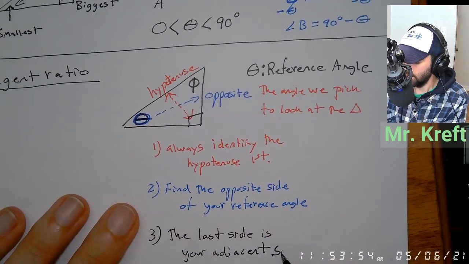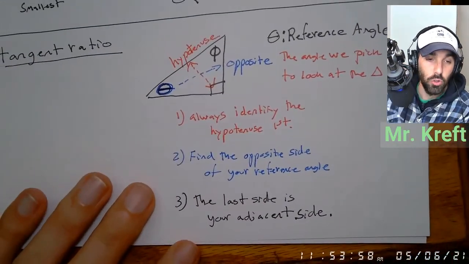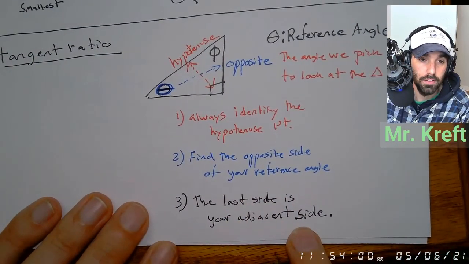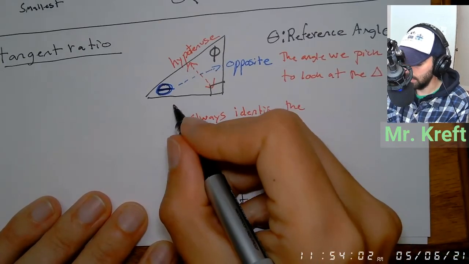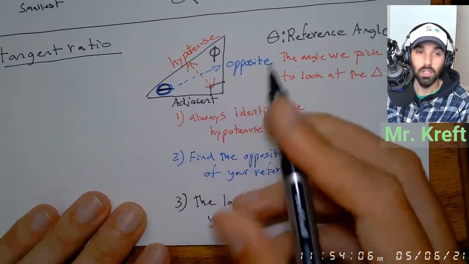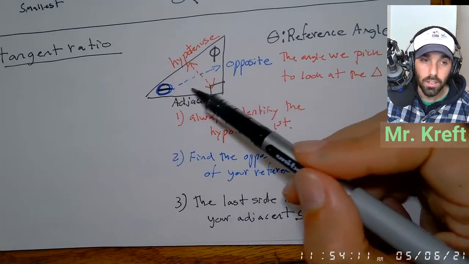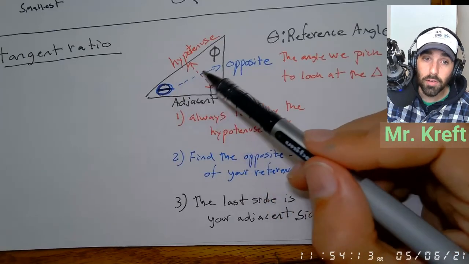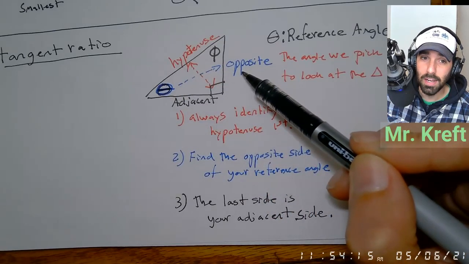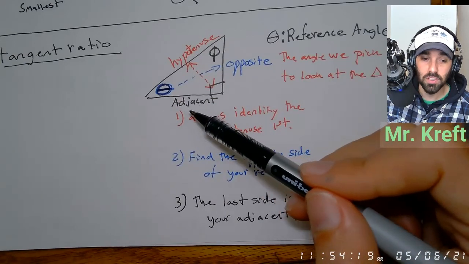Okay, so that would be right here. So my hypotenuse is across from my 90. The side furthest away from my reference angle is my opposite. And the one next to it is adjacent.